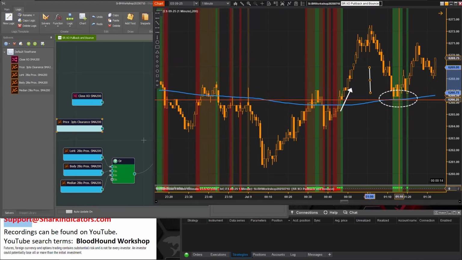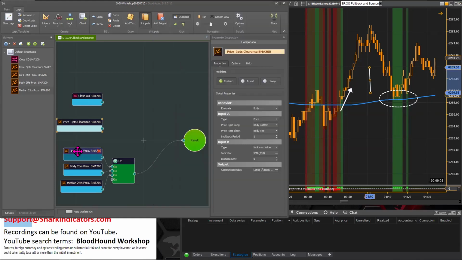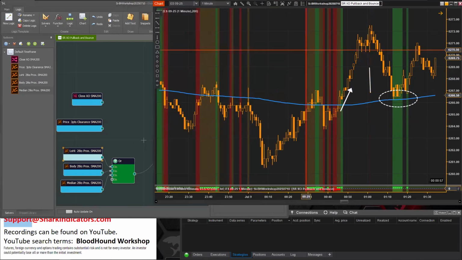Component number 3 is price pulling back to within a certain range of our level, and again, 2 ticks is subjective there, right? That obviously works on a minute chart here.